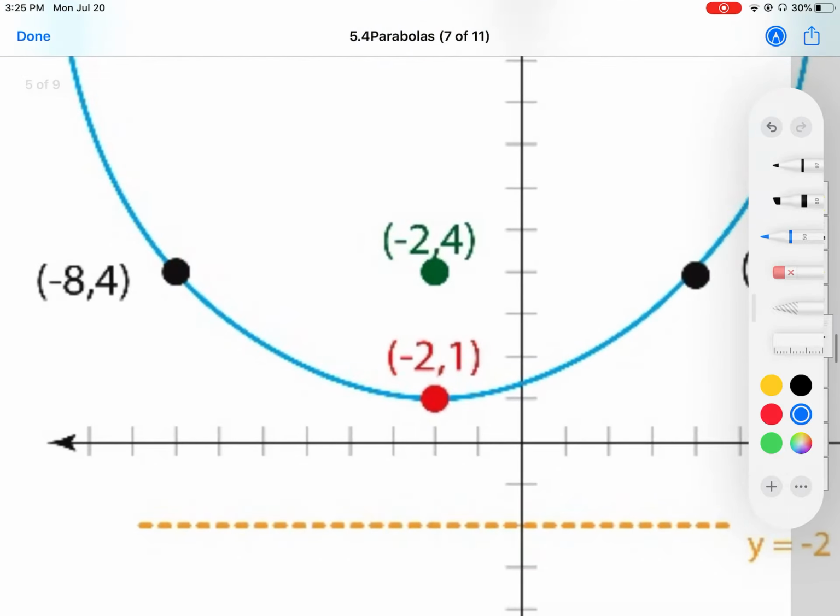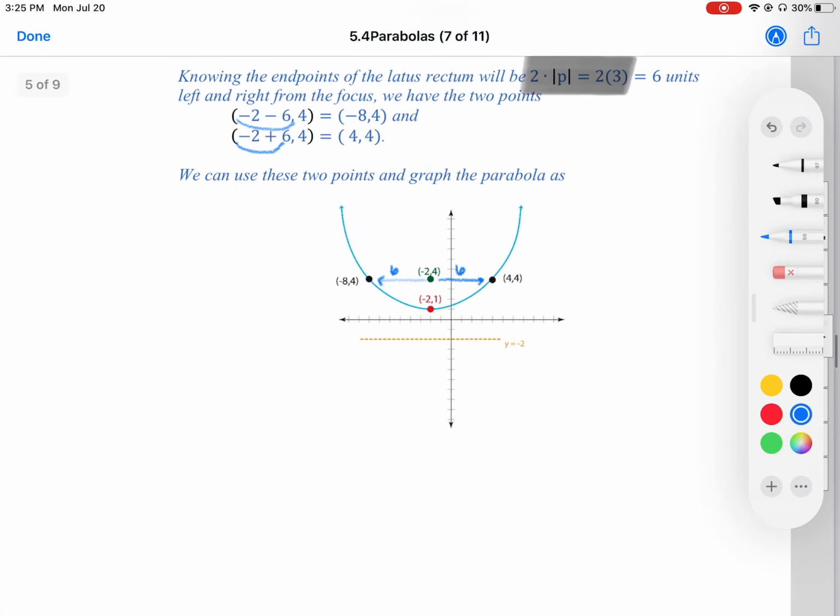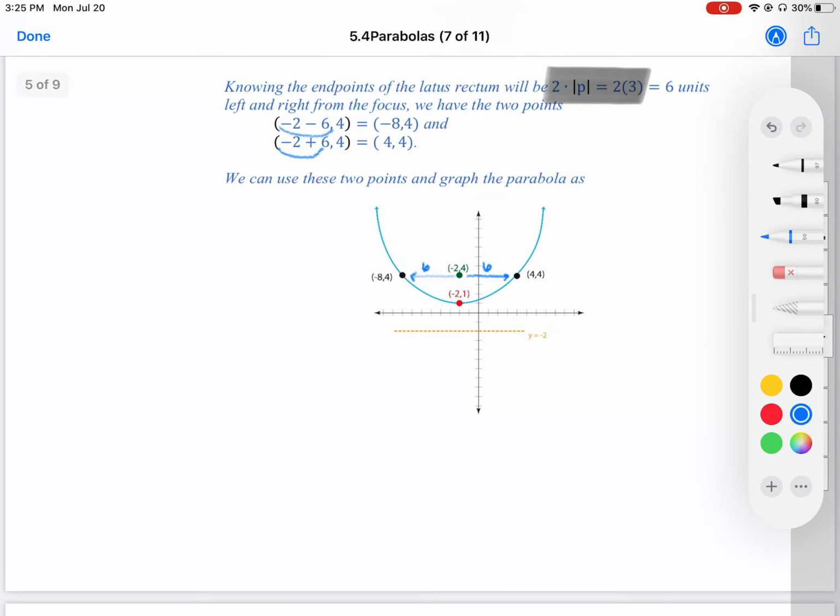You can add to your corner points, or you can just count using your grid, right? You would count very carefully to get 6 units this way and 6 units that way. You can also count if you don't want to add and subtract.